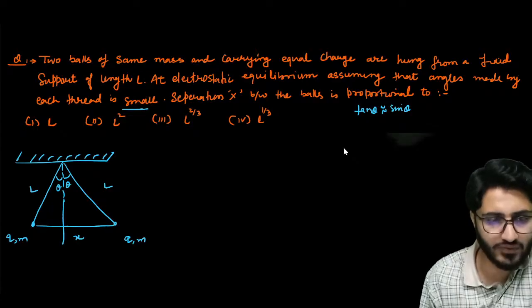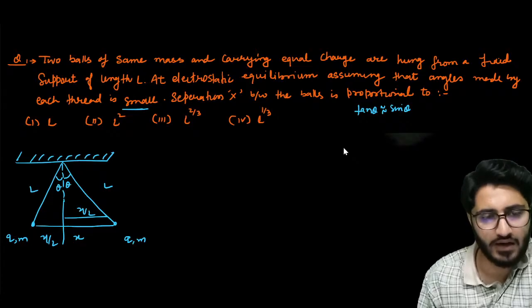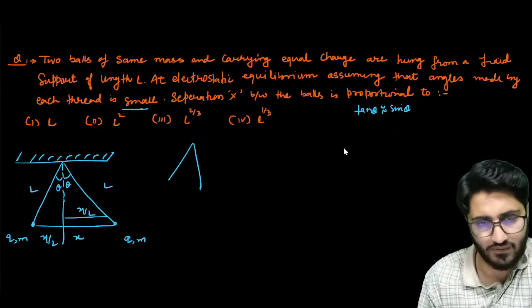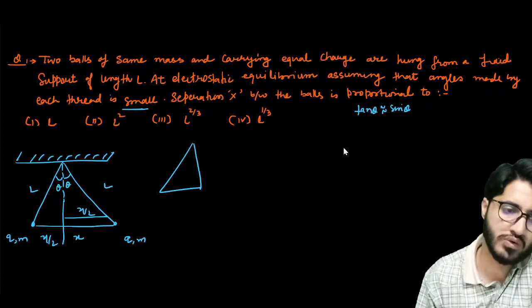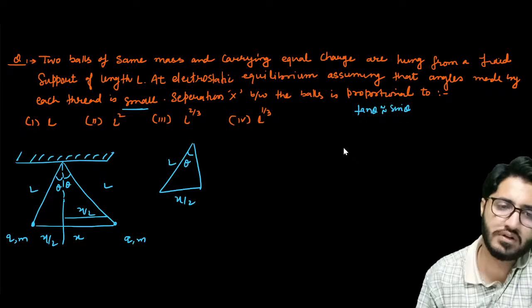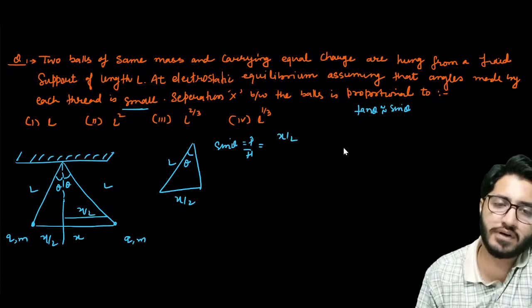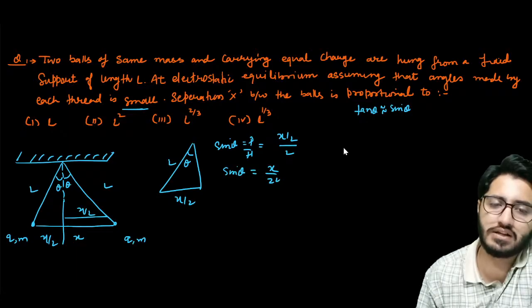So I guess this one is x by 2, this one is x by 2. Now we got a triangle like this. This one is x by 2, this one is L, this is theta. I can use sine theta, P by h. P is x by 2, H is L. So sine theta came out to be x by 2L.